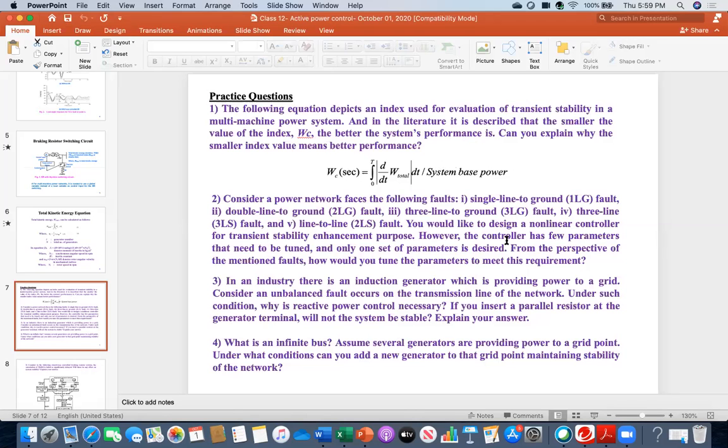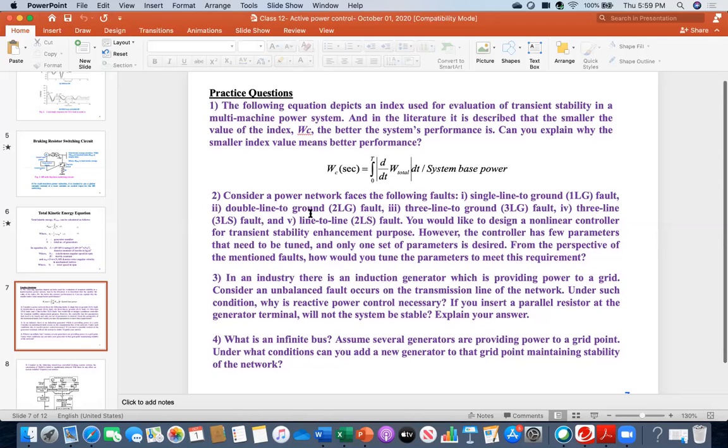Okay, so the next question is: consider a power network that faces the following faults: single line to ground fault, double line to ground fault, three line to ground fault, three line fault, and line to line fault. Now you would like to design a nonlinear controller for transient stability enhancement. However, the controller has a few parameters that need to be tuned.